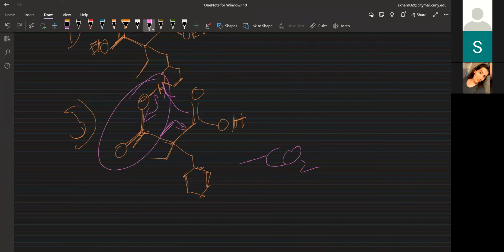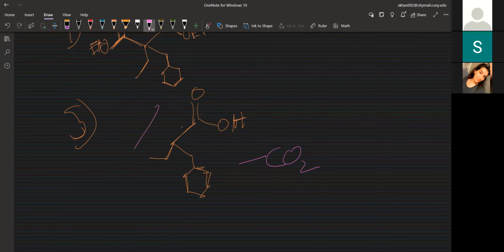And basically at the end of all of this, the process just creates the final product that looks like this, right? So essentially, it just cleaves off your CO2H group, right?